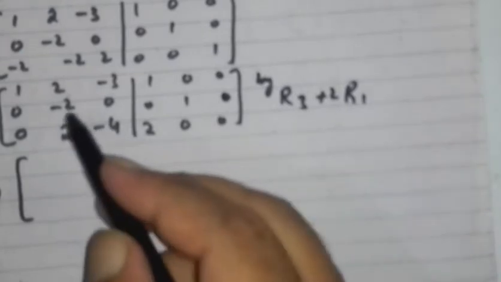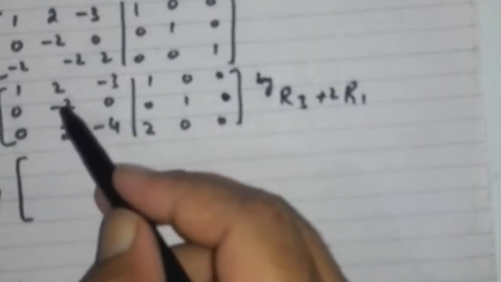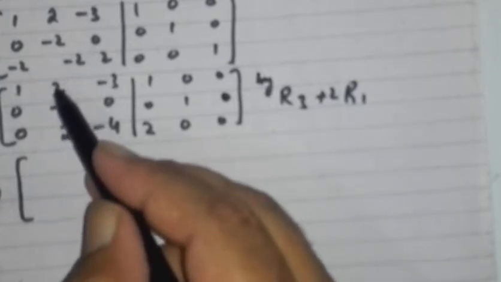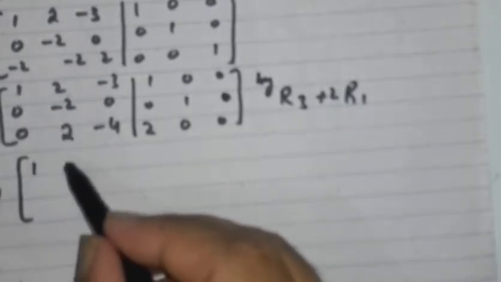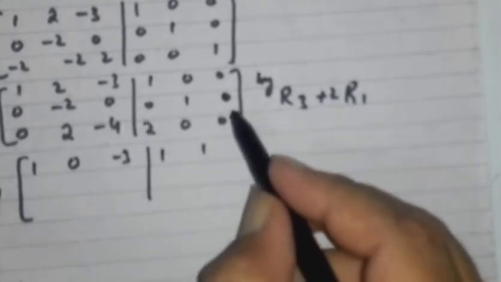Row operation. Now R1 plus R2, add this with this, so minus 2 plus 2 we get 0, 1 0, and here minus 3, here 1 plus 0 we get 1 and 0.